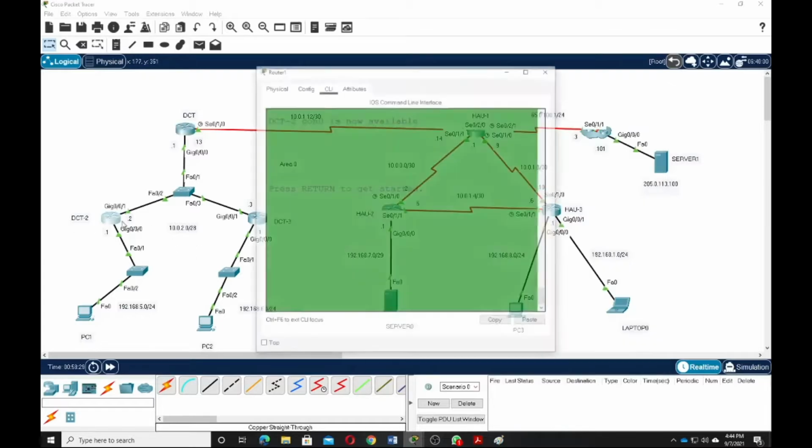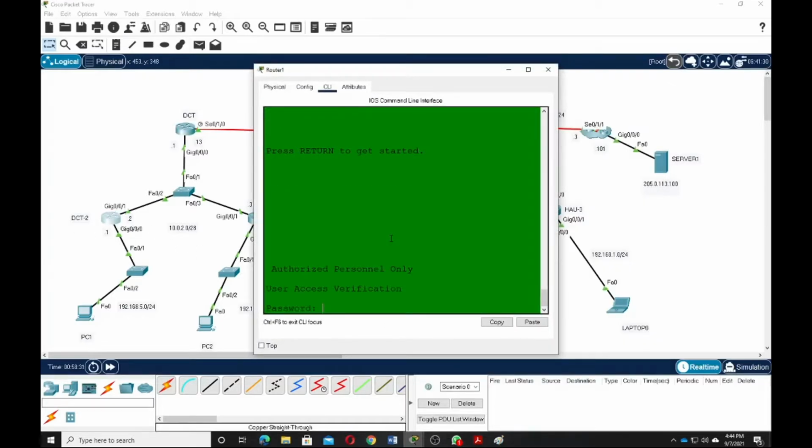Okay, and then we have DCT2. Config t, and then interface G0/0/1, ip ospf 10 area 0.